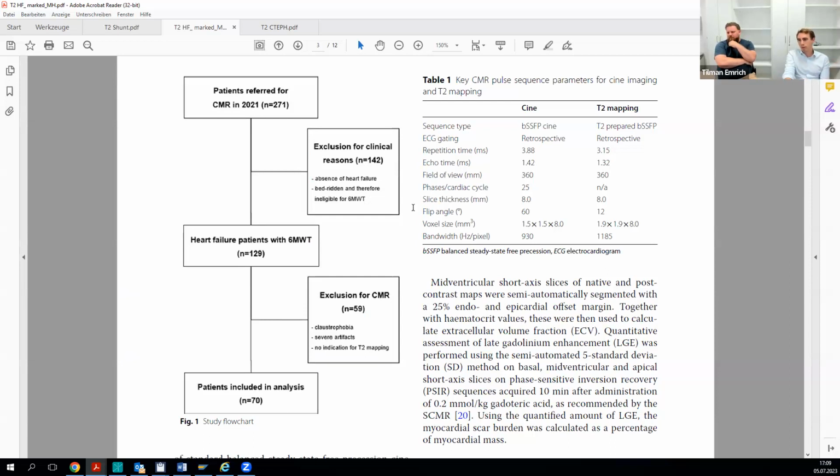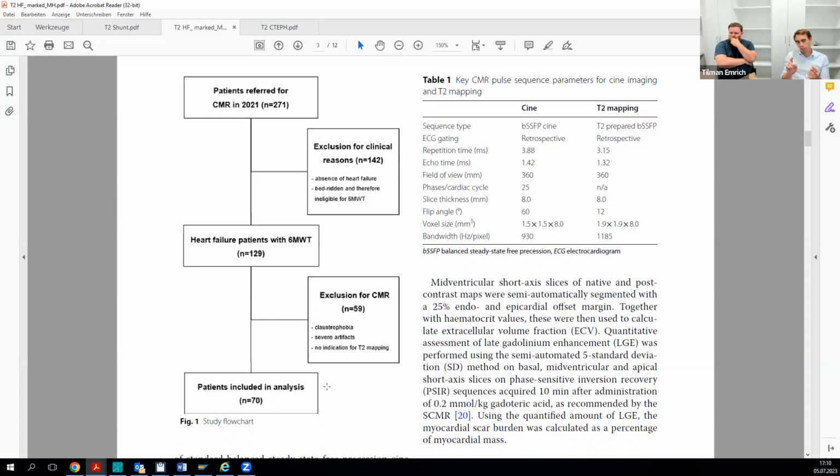So that left us with roughly 130 patients that actually had a CMR and a 6-minute walking test. But then, for clinical reasons, and also CMR reasons, that was sometimes prevented, which resulted in a final study cohort of exactly 70 patients included in this retrospective study.